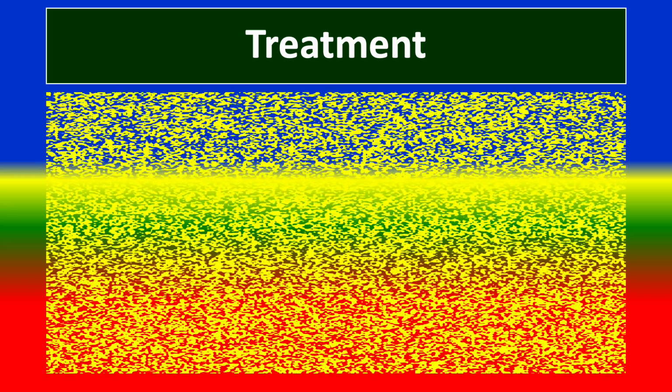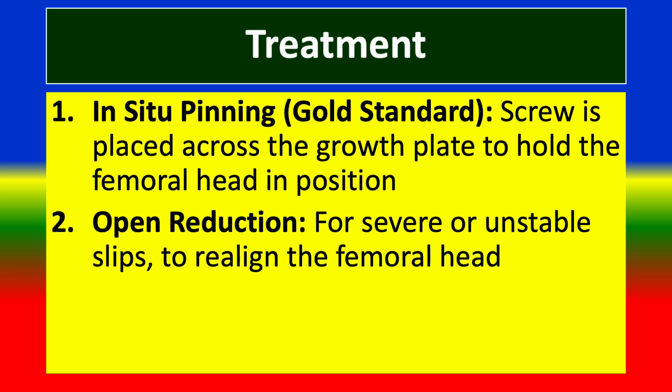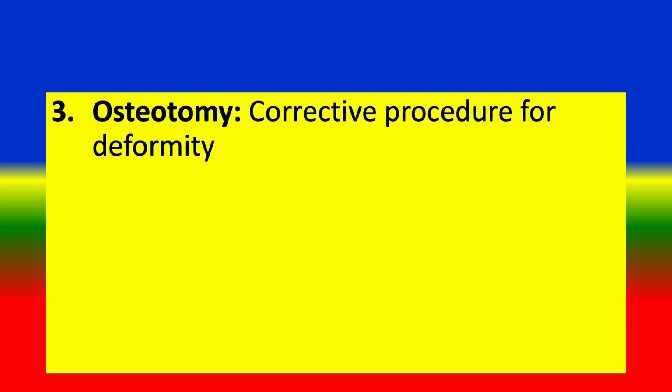Treatment options. 1. In situ pinning, gold standard: a screw is placed across the growth plate to hold the femoral head in position. 2. Open reduction for severe or unstable slips to realign the femoral head. 3.